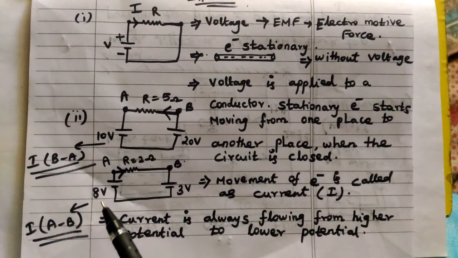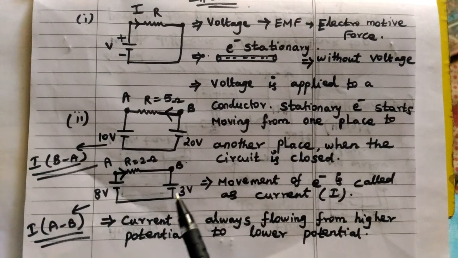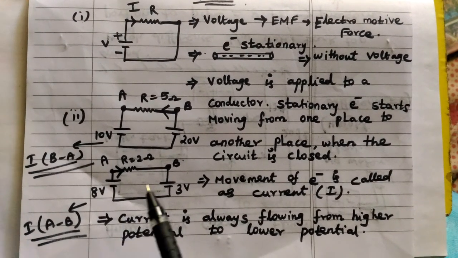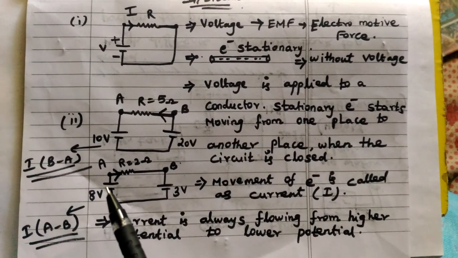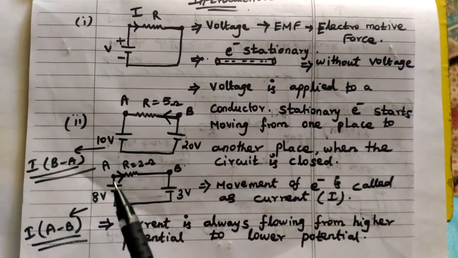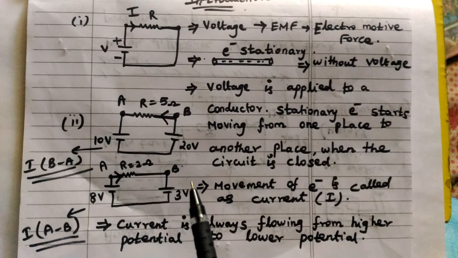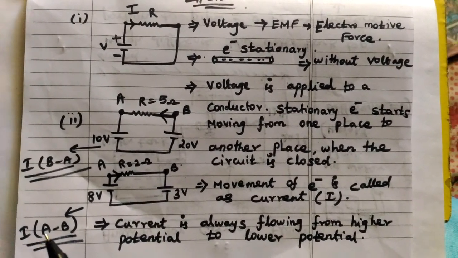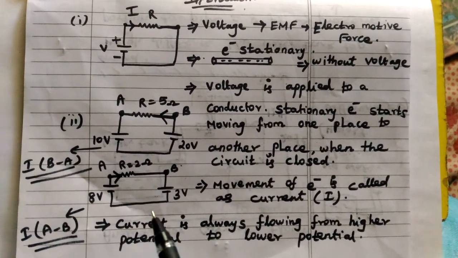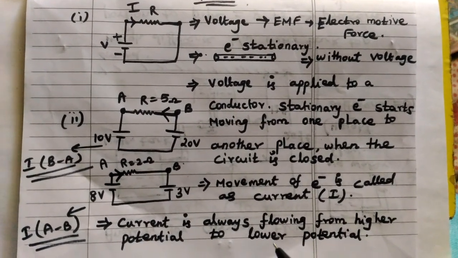This is higher potential, this is lower potential. So what about the potential difference? 8 volt minus 3 volt, 5 volt. The current flows from higher potential to lower potential due to that 5 volt potential difference. So the current flow direction is A to B. So current always flows from higher potential to lower potential.